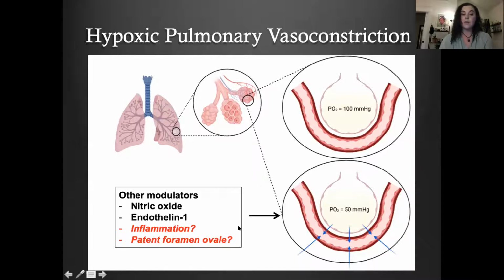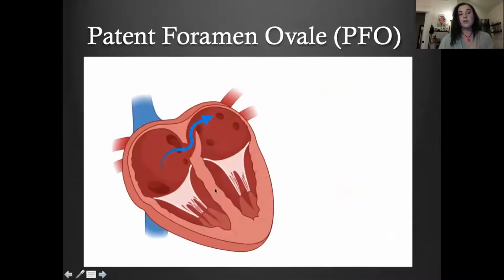Some of the factors that we wanted to investigate with this experiment was the role of circulating systemic inflammation, as well as a patent foramen ovale on this response. So like some of the other presenters have talked about, what is a patent foramen ovale? It is a right to left shunt. So it allows blood to flow from the right atrium into the left atrium and bypass pulmonary circulation.